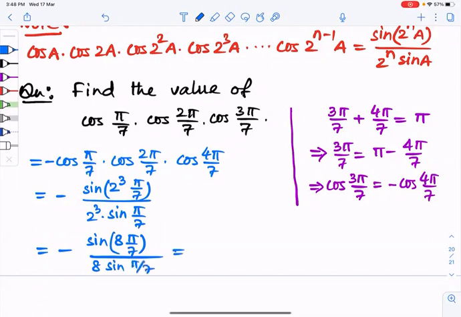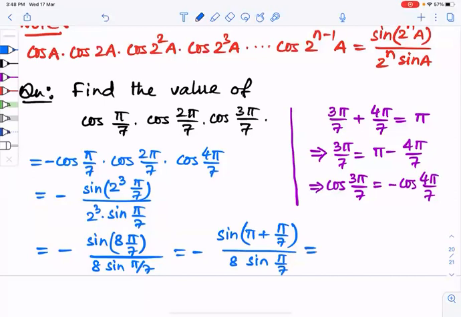This is nothing but minus sine of 8 pi by 7, that is sine of pi plus pi by 7. You see, pi plus pi by 7 is 8 pi by 7. This is divided by 8 into sine of pi by 7. Pi plus pi by 7, which quadrant? It is the third quadrant, where sine is negative.